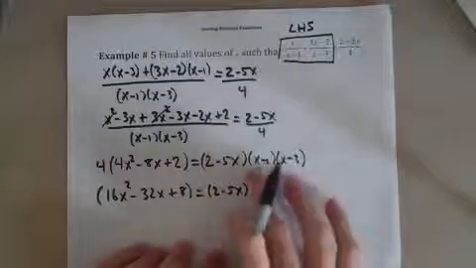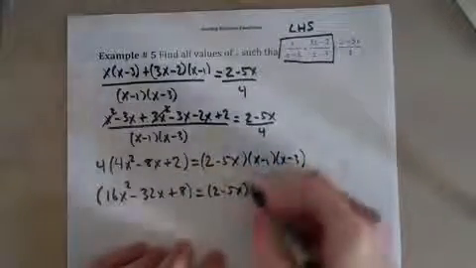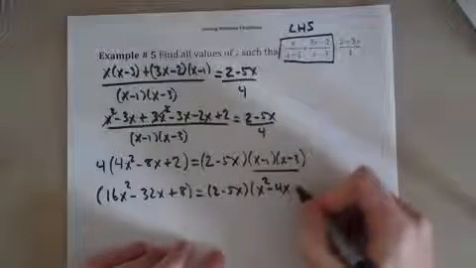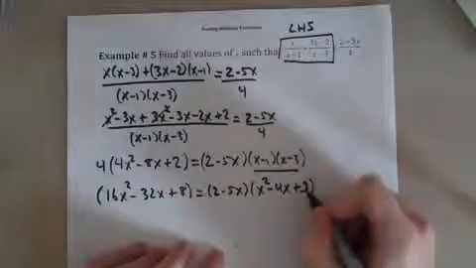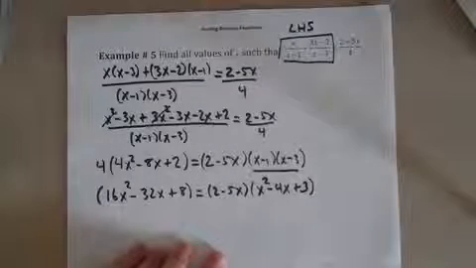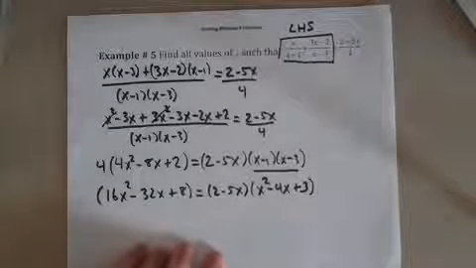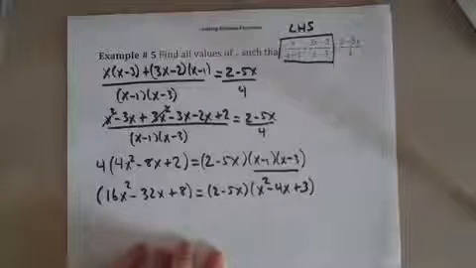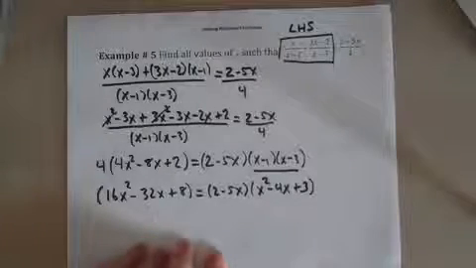For me, it's easier to expand these two first, so I'm going to do these two together. It looks like right now we have 16x squared minus 32x plus 8 equals 2 minus 5x times x squared minus 4x plus 3.